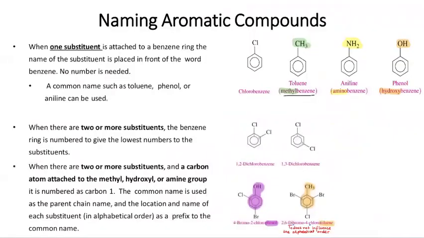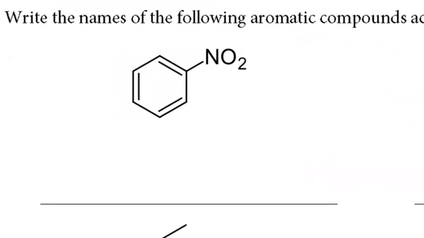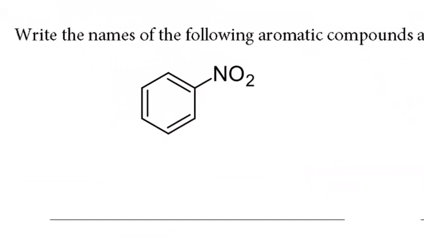Okay, let's practice the naming of some aromatic compounds to just solidify these concepts. Let's get started. First, here we have a benzene ring with 1 substituent.